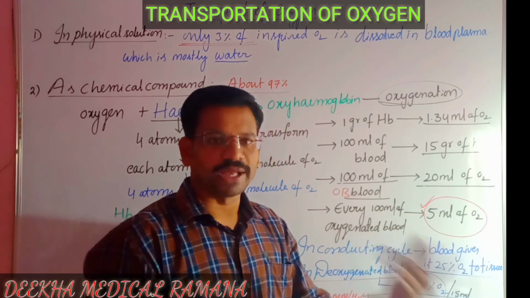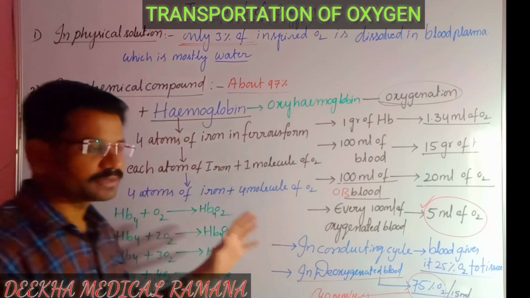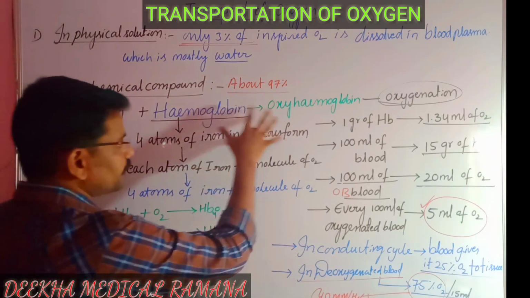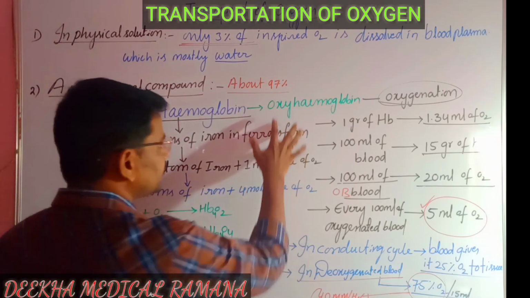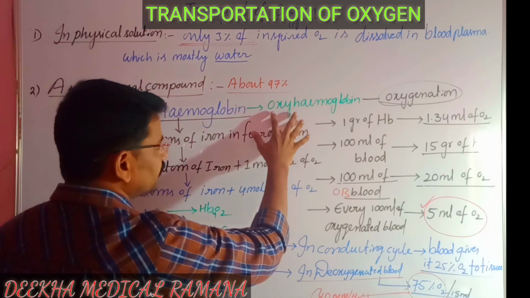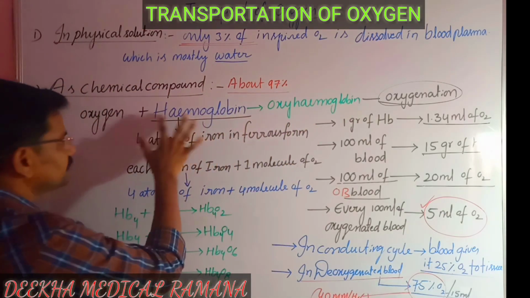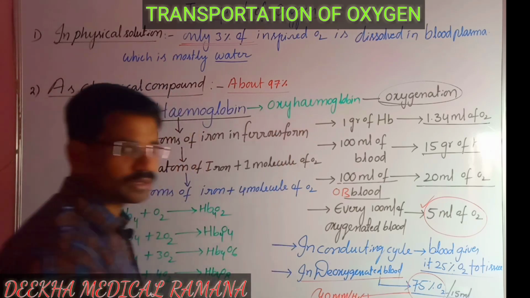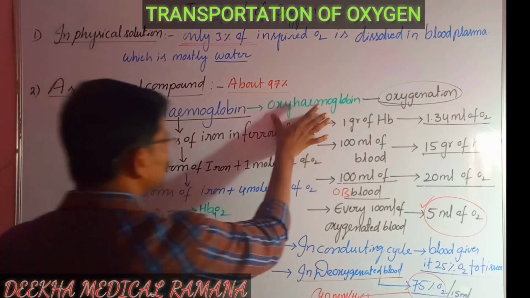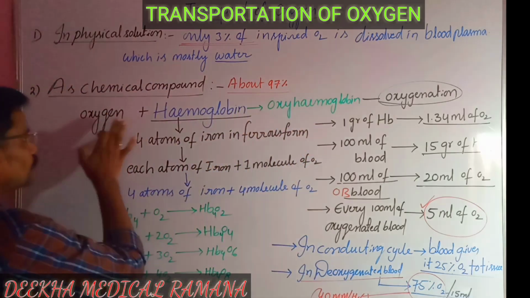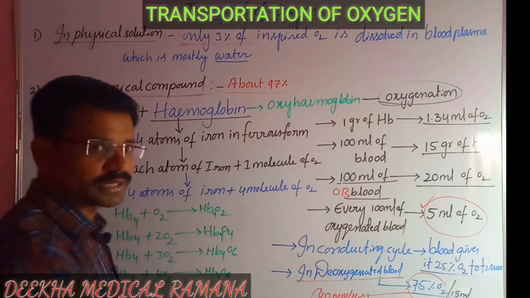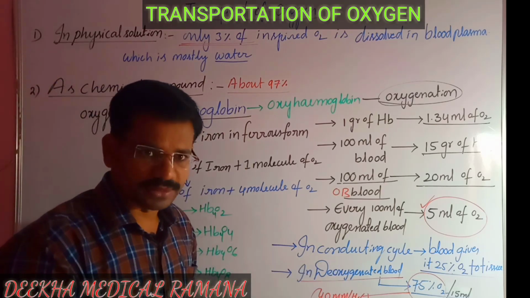So let me explain some factors that influence the formation of oxyhemoglobin. That is the association of oxygen with hemoglobin to form oxyhemoglobin, and the dissociation of oxyhemoglobin to form hemoglobin and oxygen. We can call that a reversible process, right?